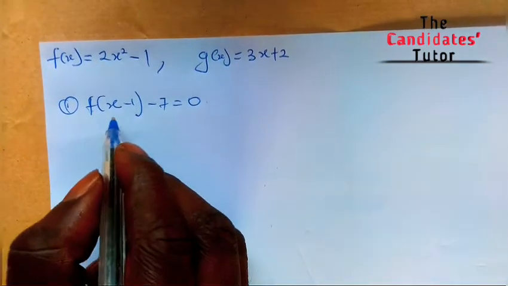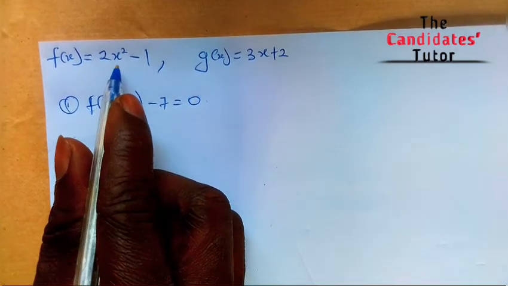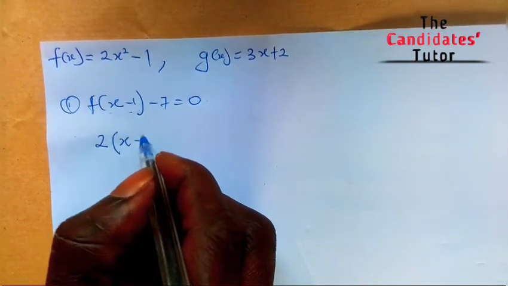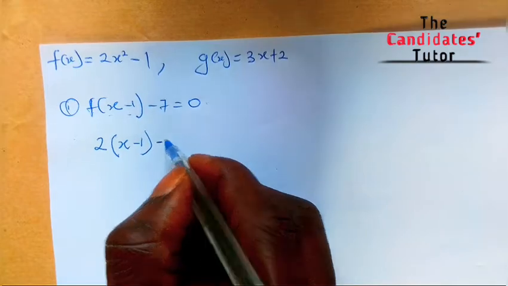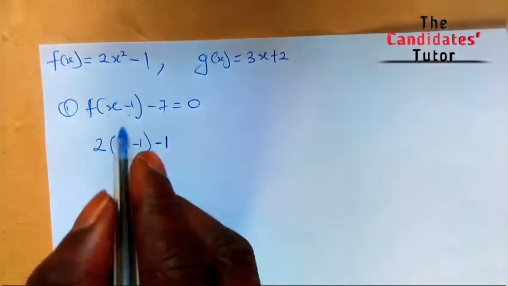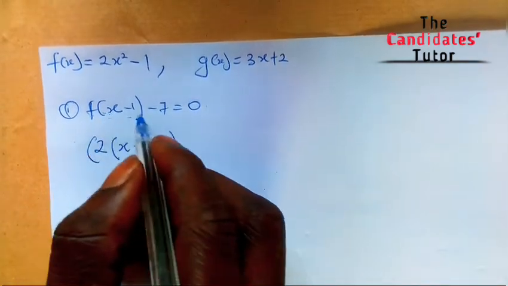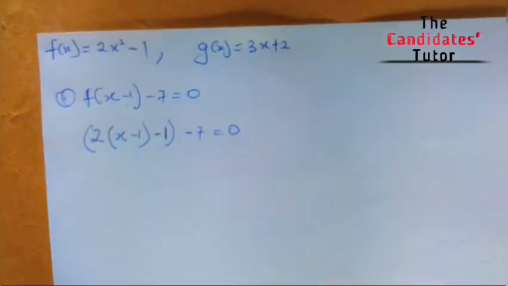Instead of the x squared, we are going to put this whole function there. That's going to be x minus 1. Then we have our minus 7 and minus 1, sorry. Then minus 7 will come, then equal to 0.